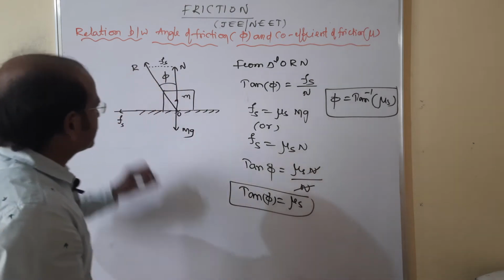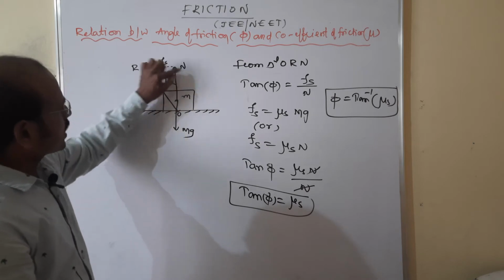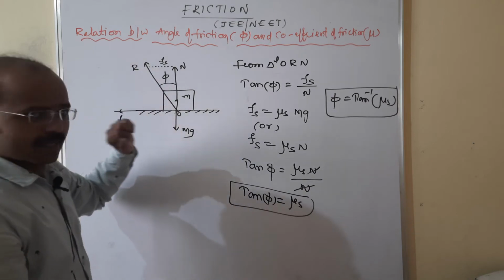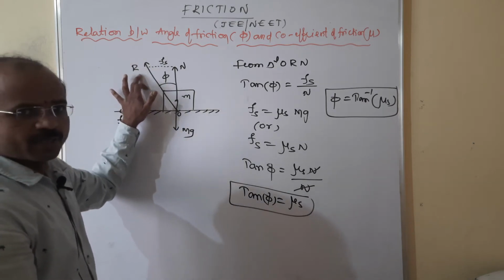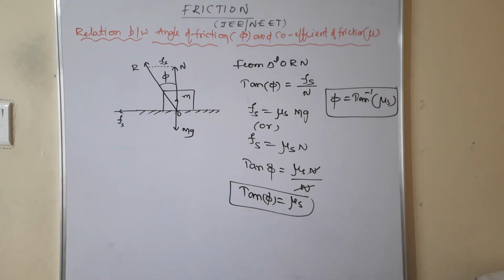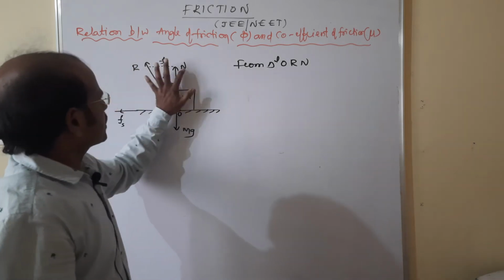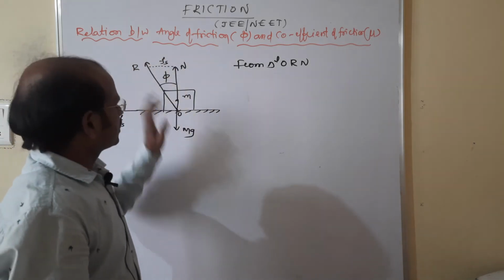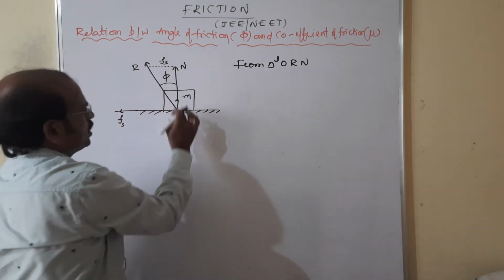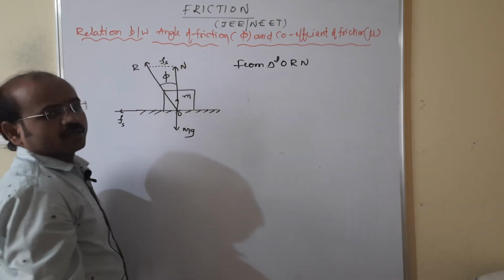Now again we need to find the contact force, that is capital R. Look into the diagram, ONR is a right angle triangle. Now use this right angle triangle to get capital R, right? So let us use the same triangle ORN and apply the Pythagoras rule: hypotenuse square is equal to adjacent square plus opposite square.